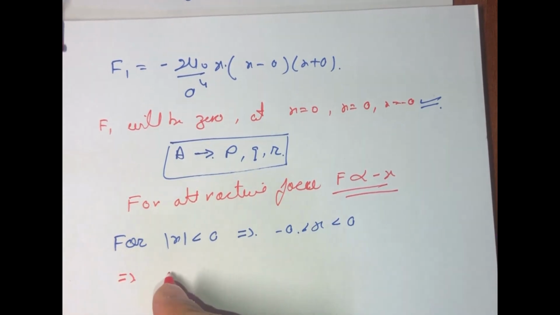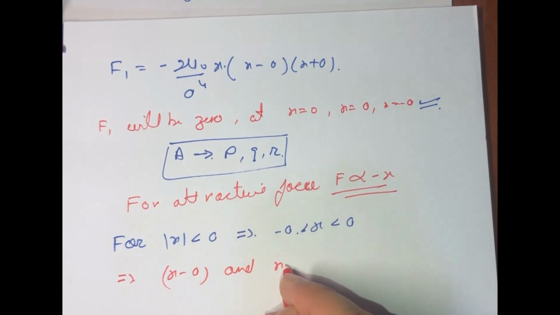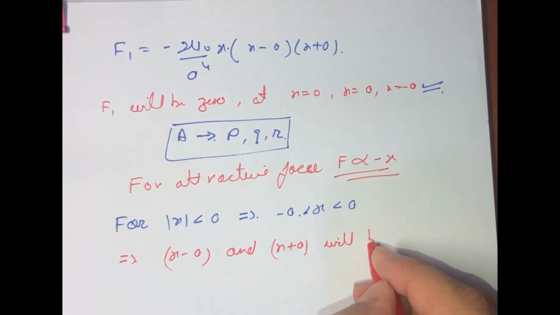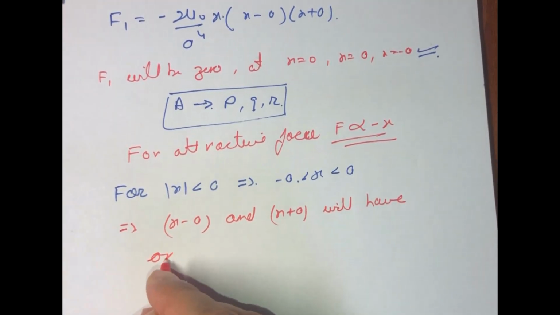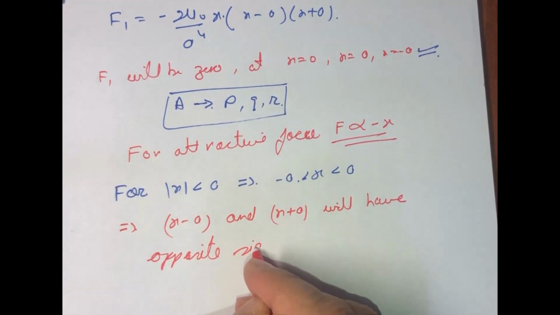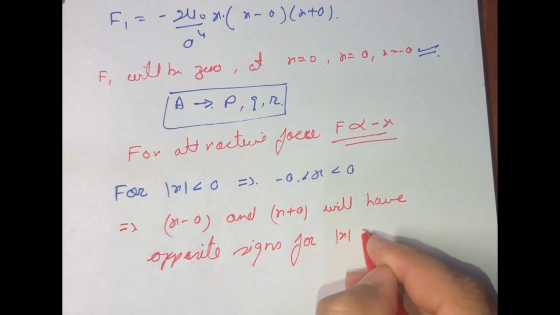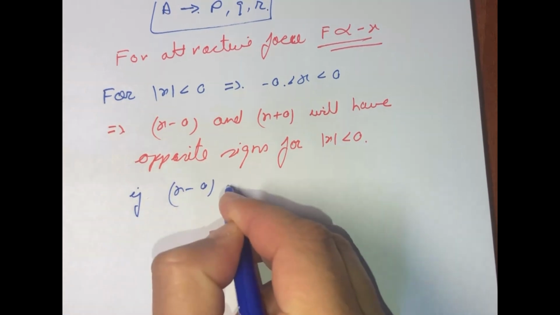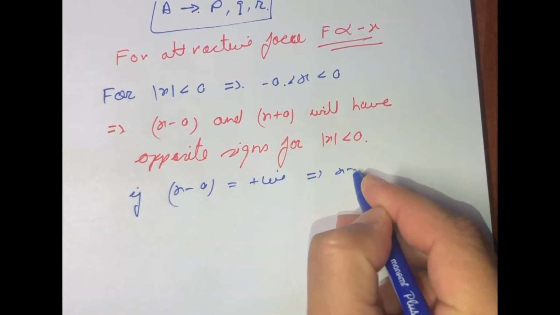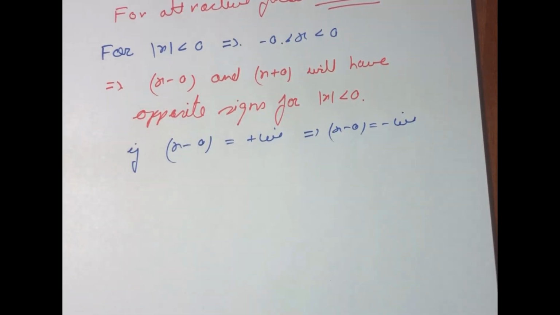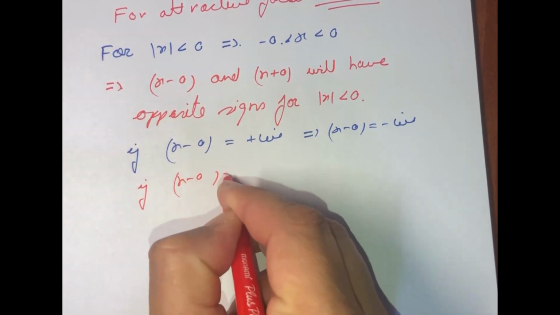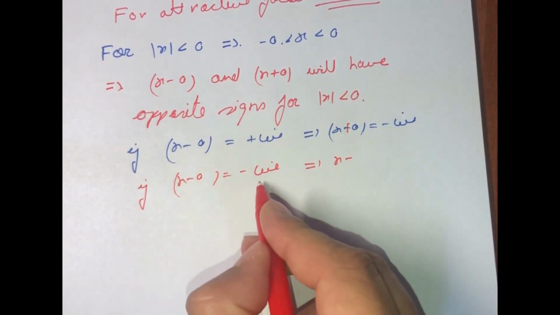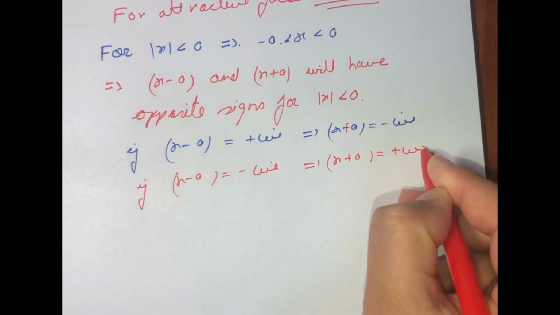So from here we can say that x minus a and x plus a will have opposite signs for modulus of x less than a, which basically means that if x minus a is positive, then x plus a will be negative, and if x minus a is negative, then x plus a will be positive.